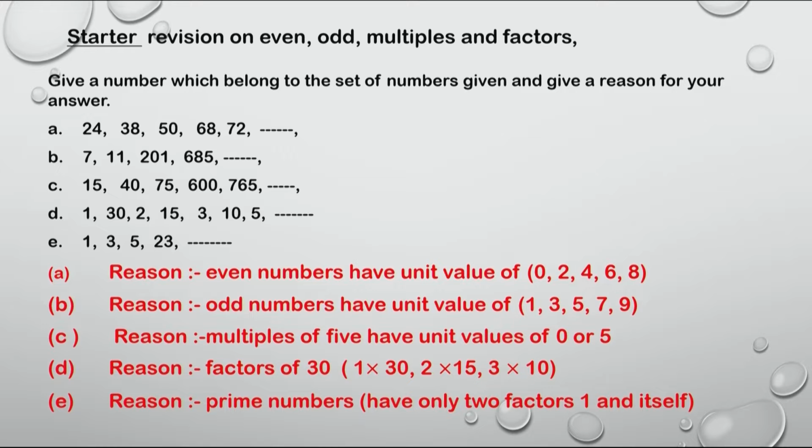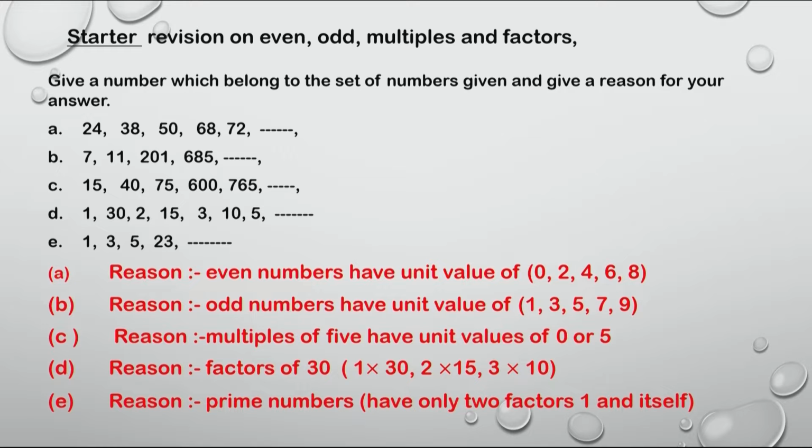Even numbers is the reason. B, it's odd numbers, and odd numbers have unit values ending with 1, 3, 5, 7, 9. So if you've got any number there ending with any of those 5 digits in the unit, you've got that correct.